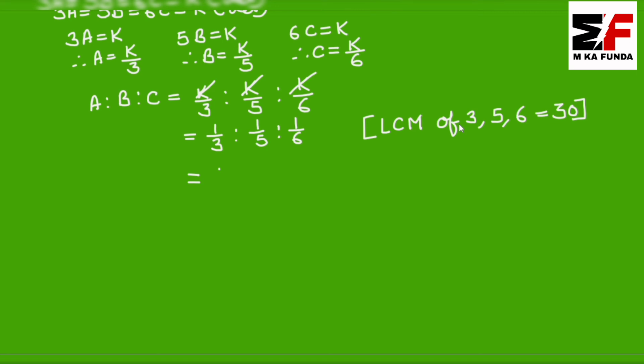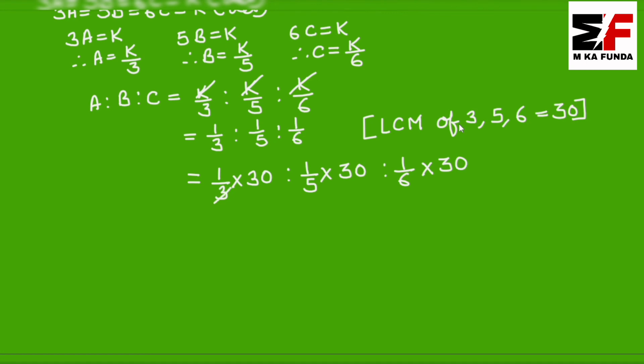So whatever LCM comes, we write the fraction and we multiply that fraction by the LCM. Then 1 upon 3 into 30 is to 1 upon 5 into 30 is to 1 upon 6 into 30.